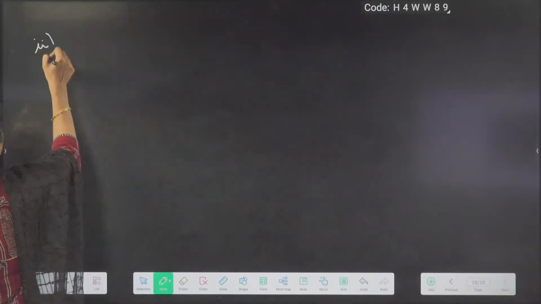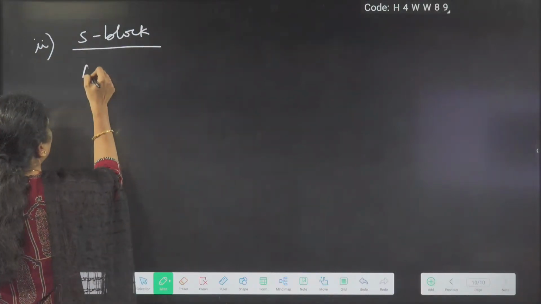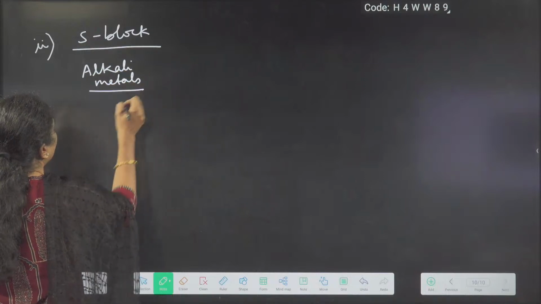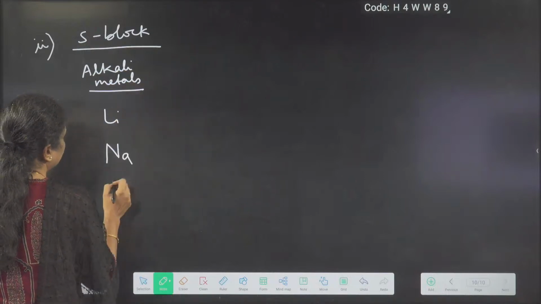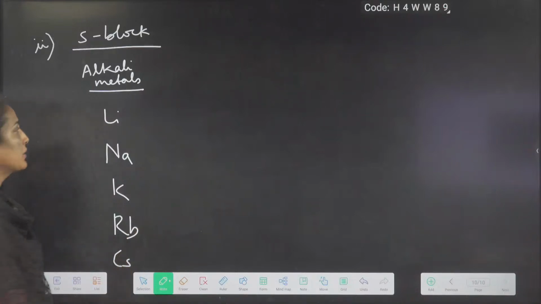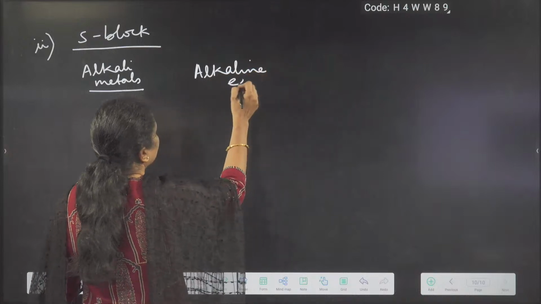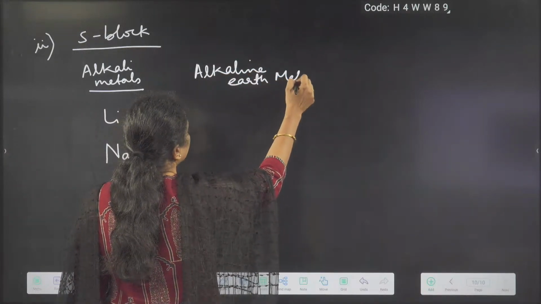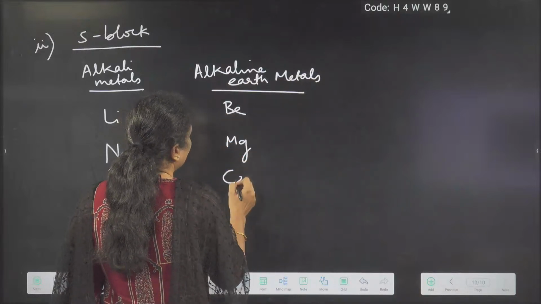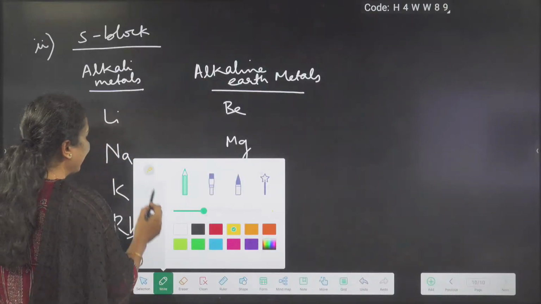Now let us look at the trend in the S block. If I talk about alkali metals here, so lithium, sodium, potassium, rubidium, cesium. I am not including the radioactive elements here. Then if I go for alkaline earth metals, which are beryllium, magnesium, calcium, strontium, barium, there is no problem in the size here.